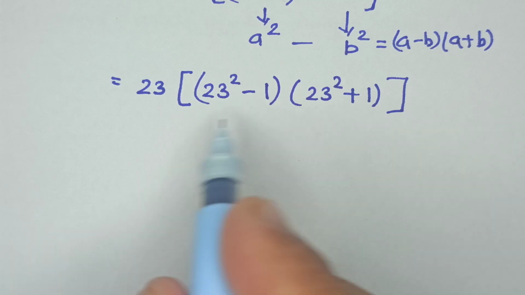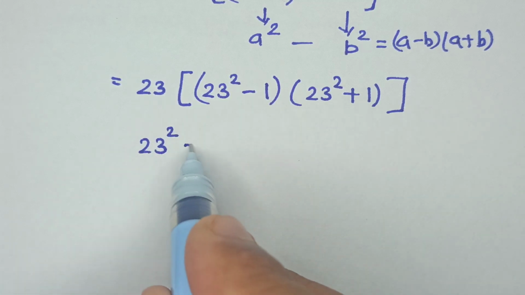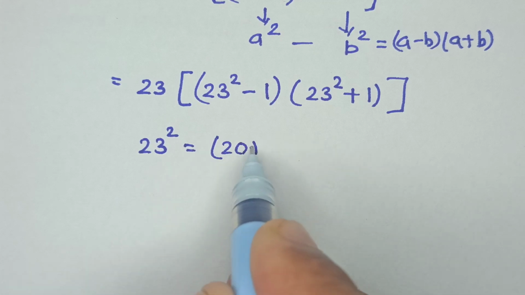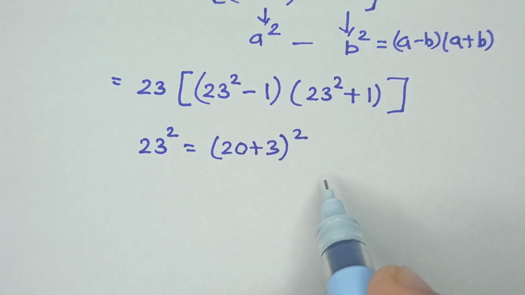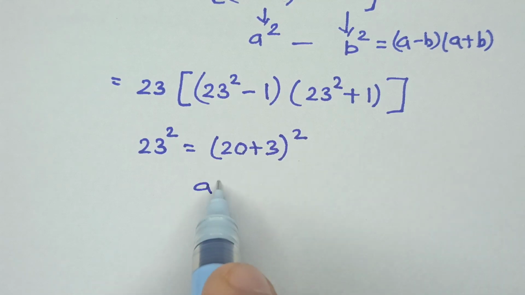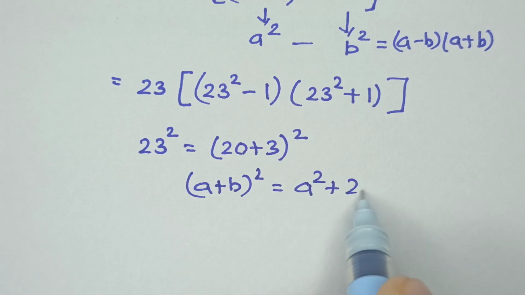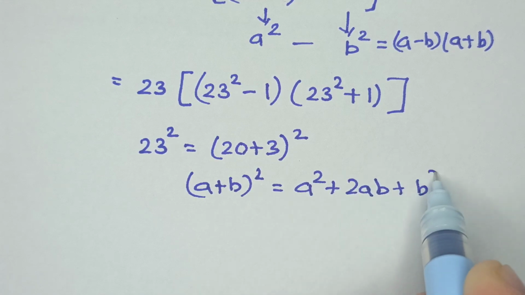Now let us calculate the value of 23 square. This can be written as 20 plus 3 whole square. In this case we'll be using the identity of a plus b whole square, which is a square plus 2ab plus b square.